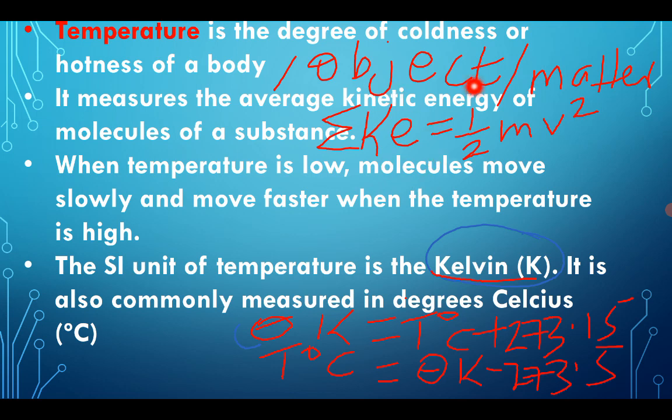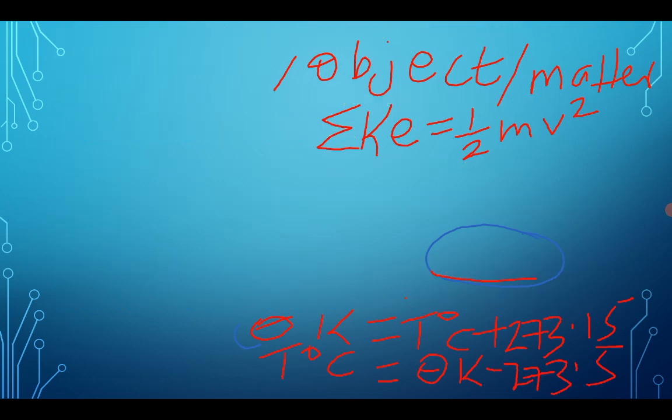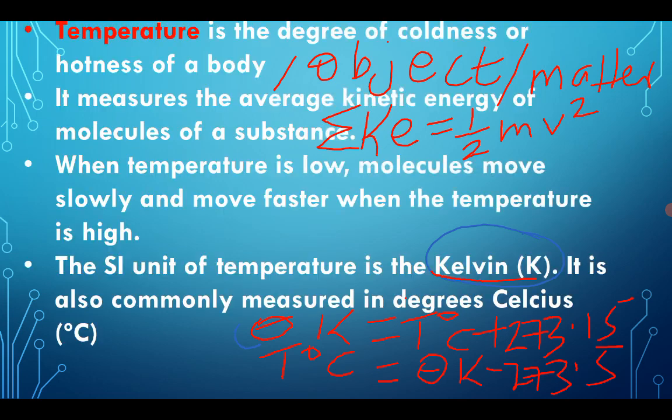So this directly relates to kinetic energy there. All right. Unless you are not certain about what we have just discussed about temperature, you should be able to define temperature in this manner. Okay.